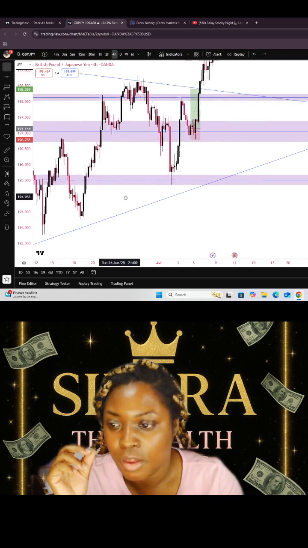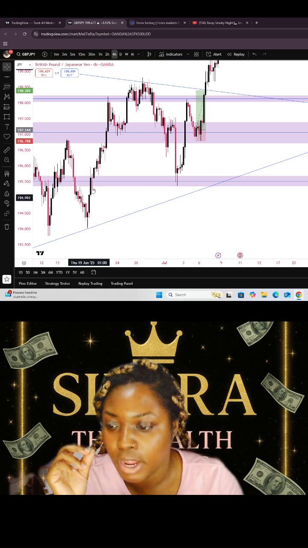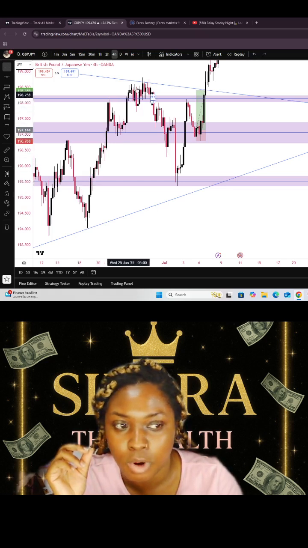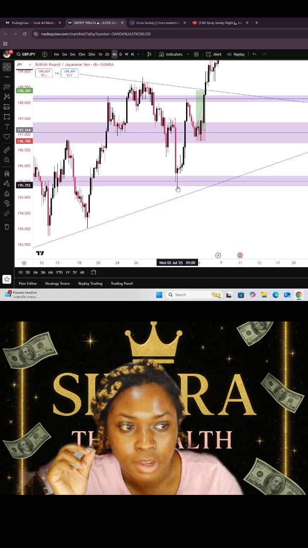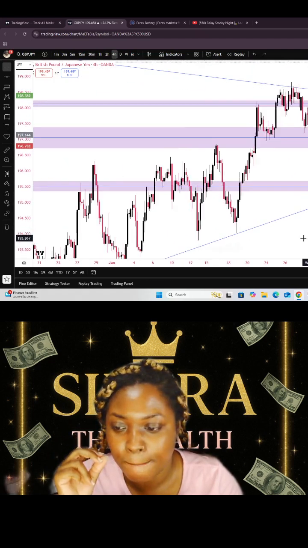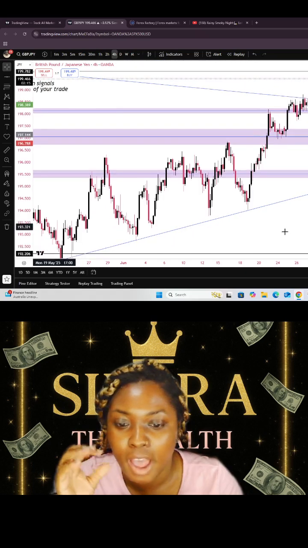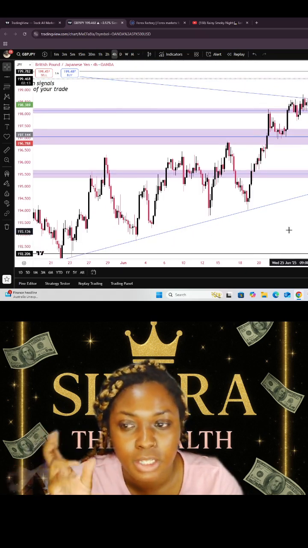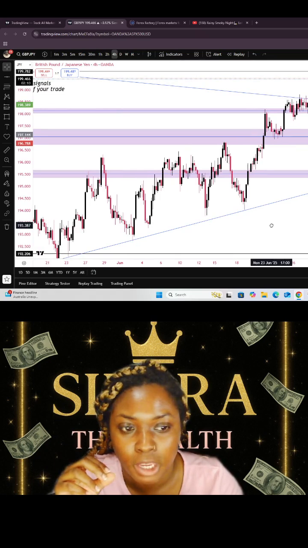The price traded through the zone, did a nice bullish run, and then came back to the zone and rejected it. So that is also another confluence. In trading, you want to have as many confluences as possible before taking a trade.